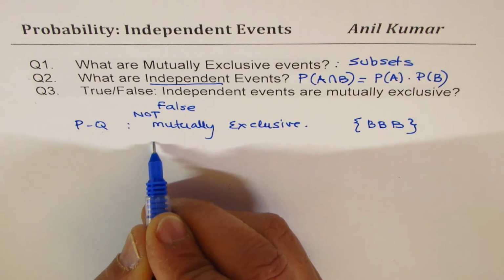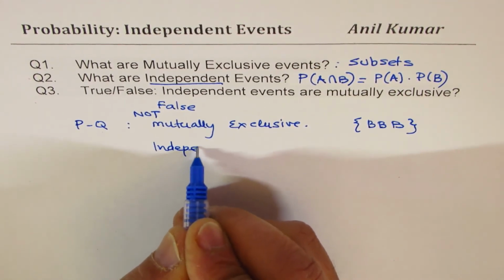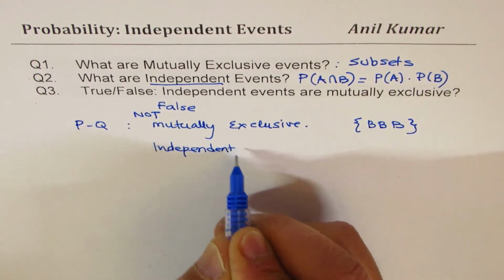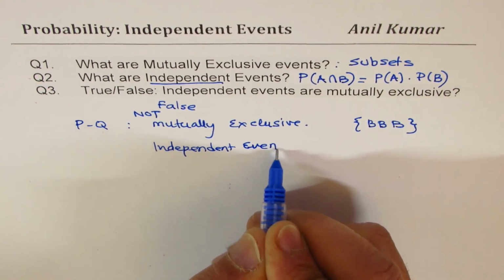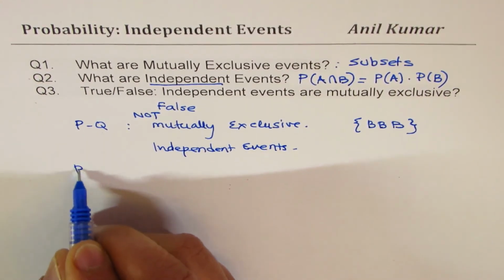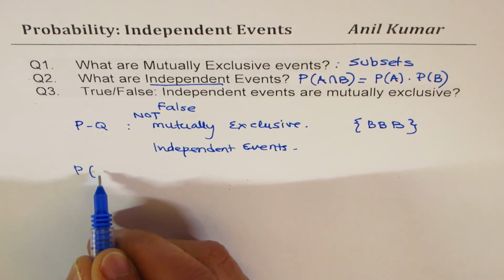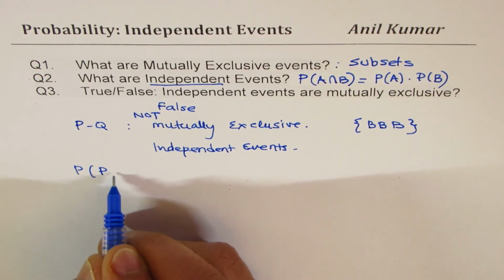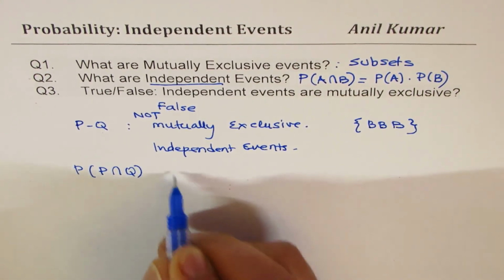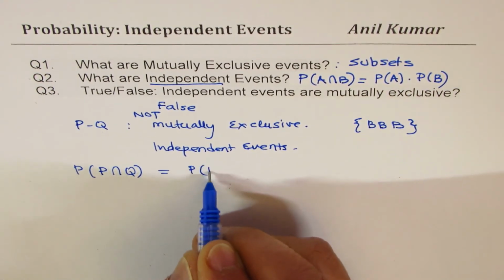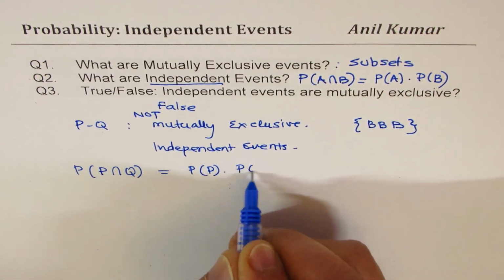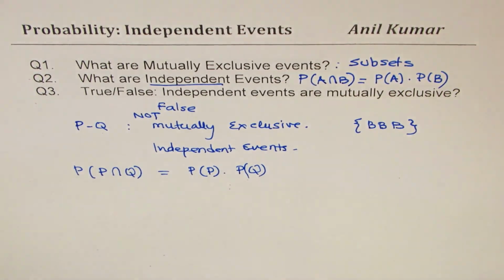But they were independent events, because the probability of the event P intersection Q was equal to the probability of P times the probability of Q, correct?